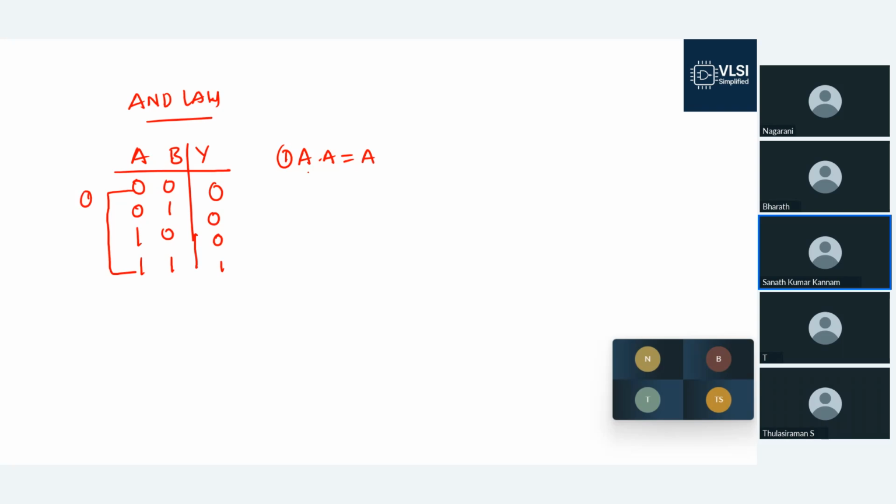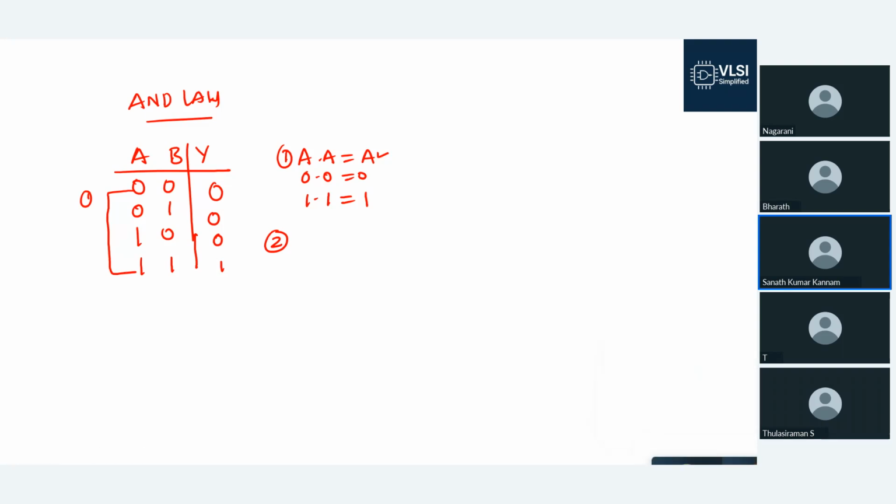Let us take 0 and 0 equal to 0 and 1 and 1 equal to what? 1. If A is 0 and this is 0, you are getting 0. If A is 1 and the same A is 1, you are getting 1, A itself. And next, A and 0 equal to what? 0.